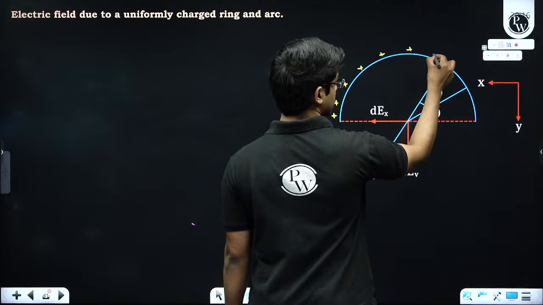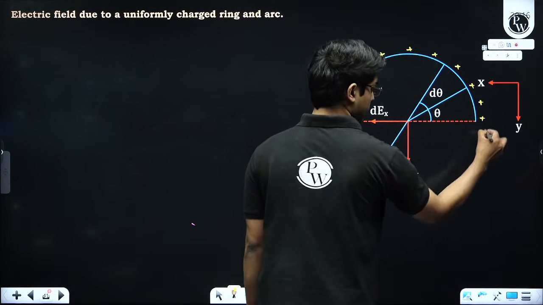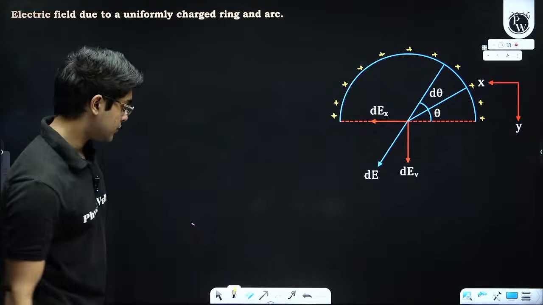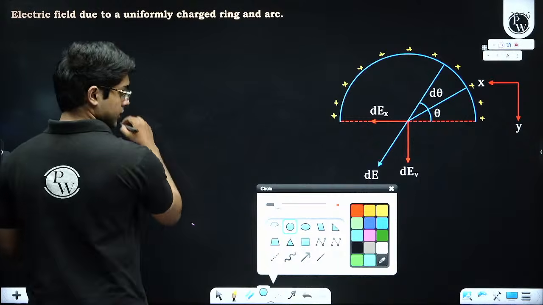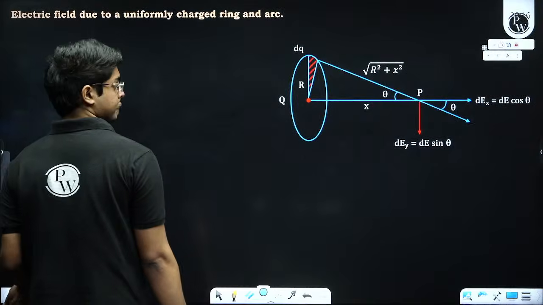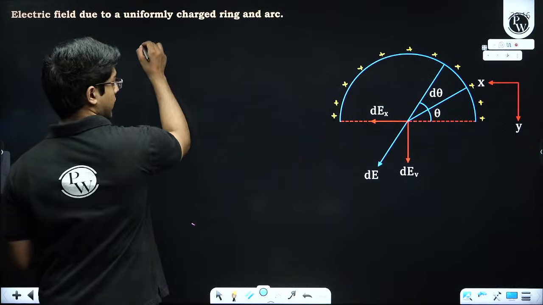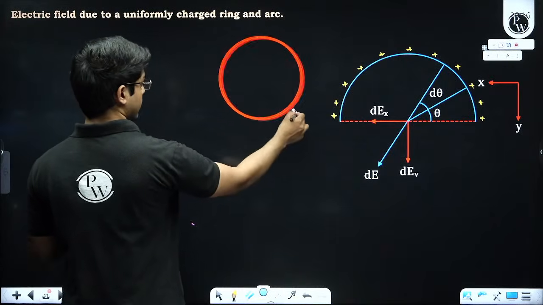In fact, let's just derive it for the semicircular arc. I think I don't have that diagram, so I'll derive it here.